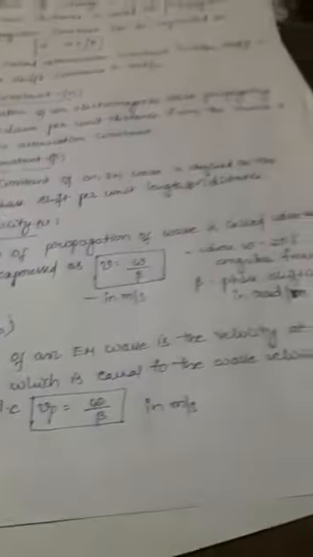Phase velocity of an EM wave is the velocity at a point in the wave, which is equal to the wave velocity. That means if you consider a point in the EM wave propagation, what is the velocity of the wave at that point, or the velocity of the wave at a particular instant of time?